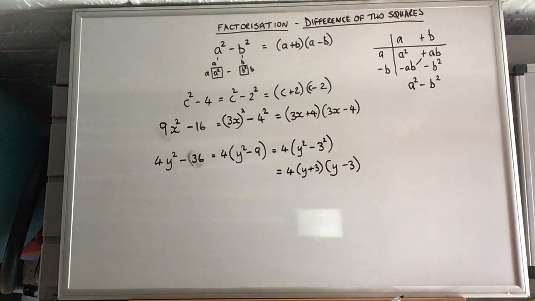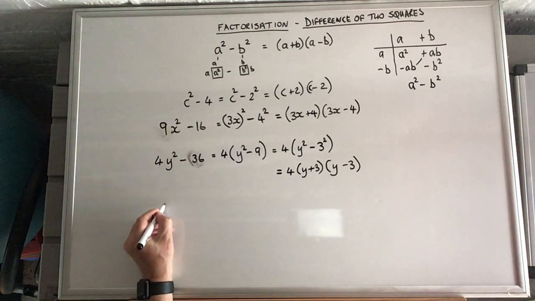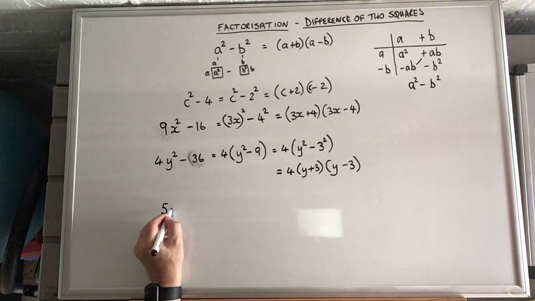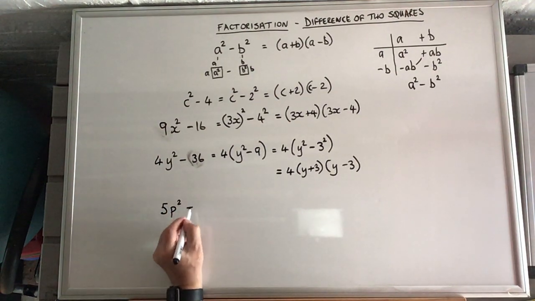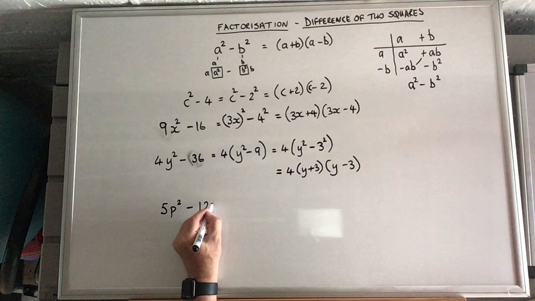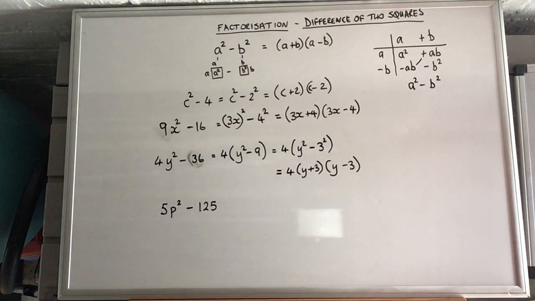So let's see if we can get another one. Let's see, 5p squared minus 125. It's quite a tricky one.